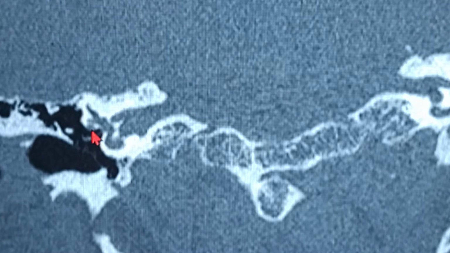That is the area of the oval window where the stapes footplate will be present. Now this is the bony projection, that is the promontory, that's the basal turn of the cochlea, and above here this is the vestibule. As we all know, the vestibule opens into the oval window, and this is the internal acoustic canal. You can see the crista falciformis right there, dividing the internal acoustic canal into the superior half.